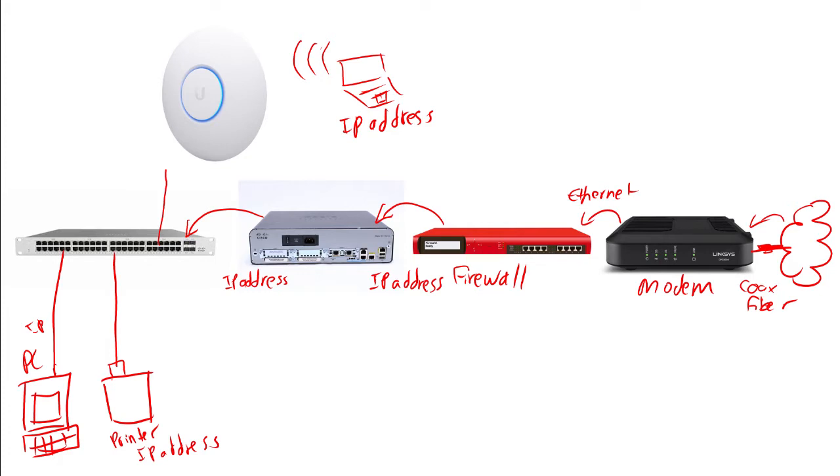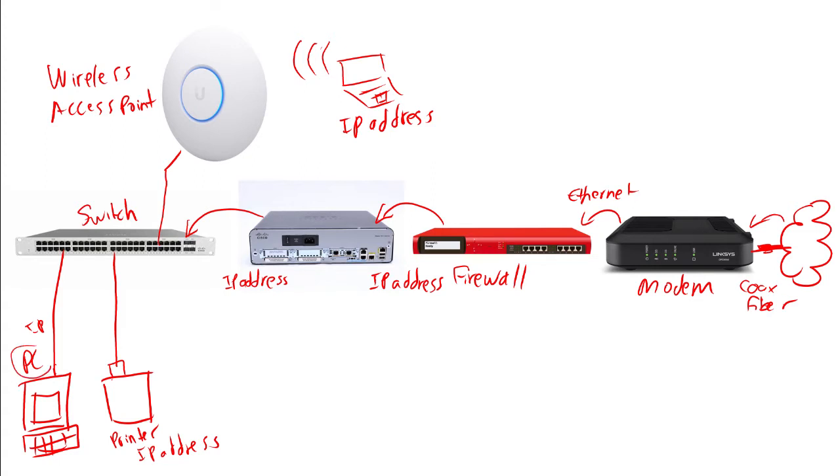But effectively, it'll make more sense to say we also have a switch. And we also have a wireless access point. So, say I'm on my PC and I print a document.